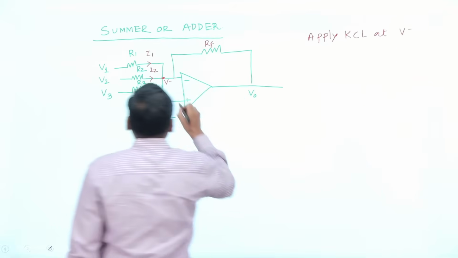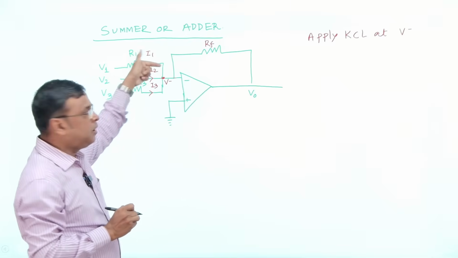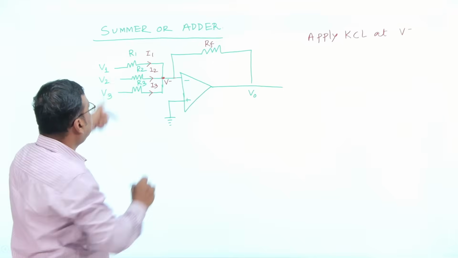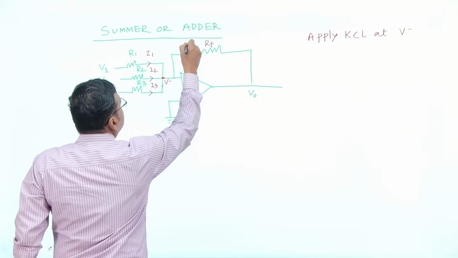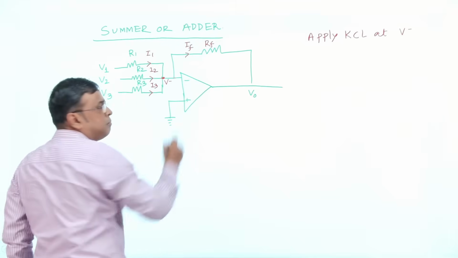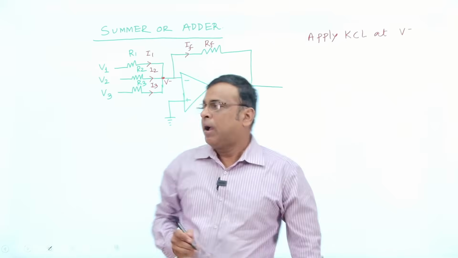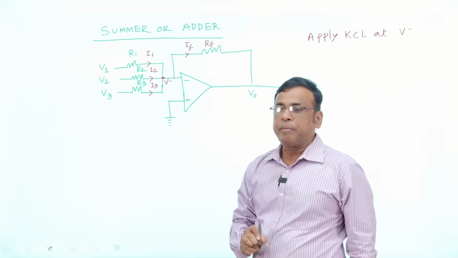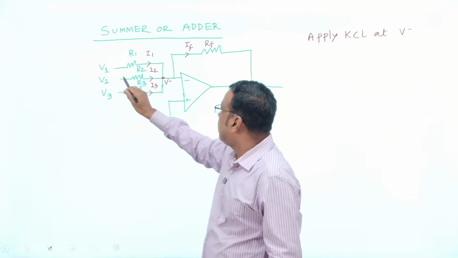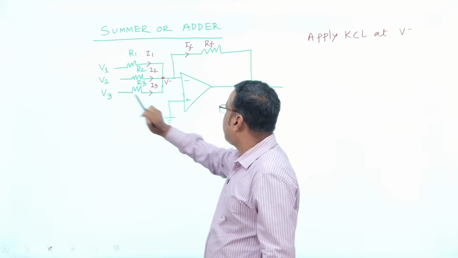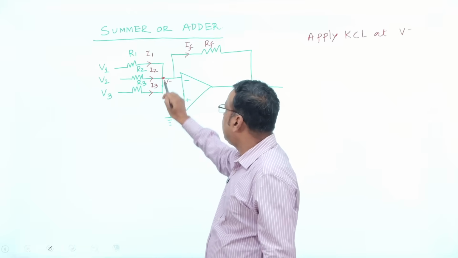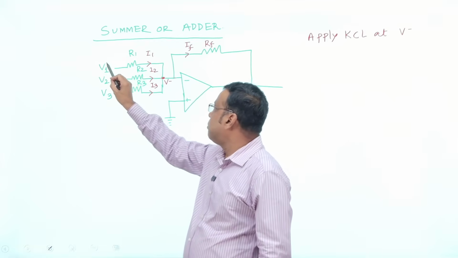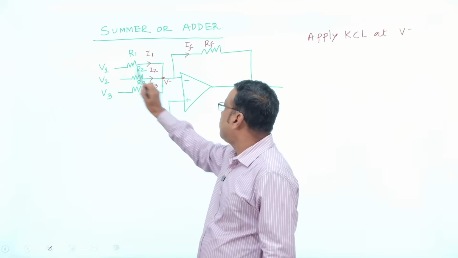Look at this first. The current through R1 is I1, through R2 is I2, through R3 is I3. Similarly, the current through the feedback resistor RF is IF.